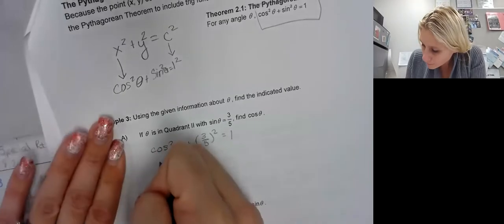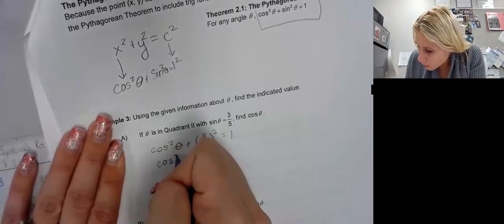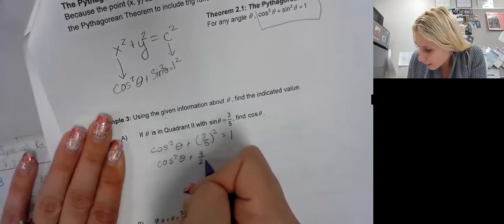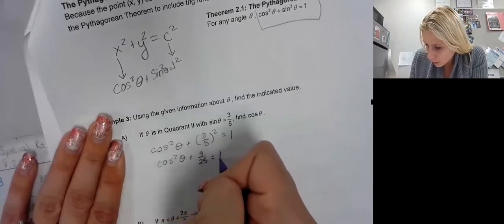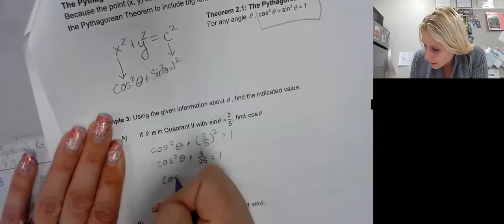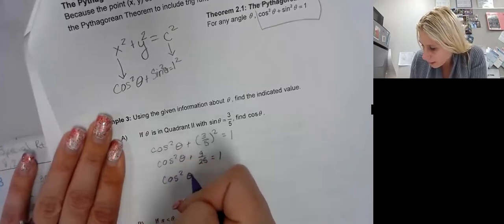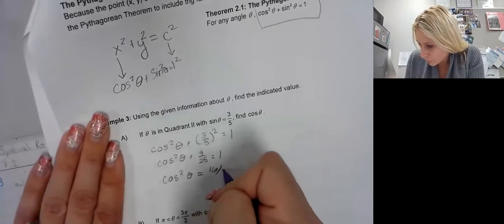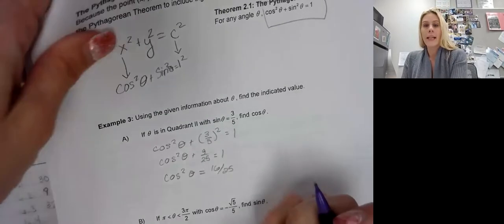Now when solving, cosine squared theta plus 9/25 equals 1. Cosine squared theta equals 16/25. Now take the square root.